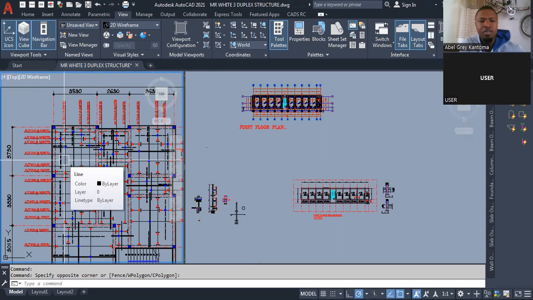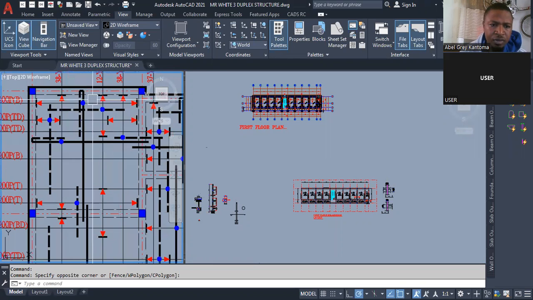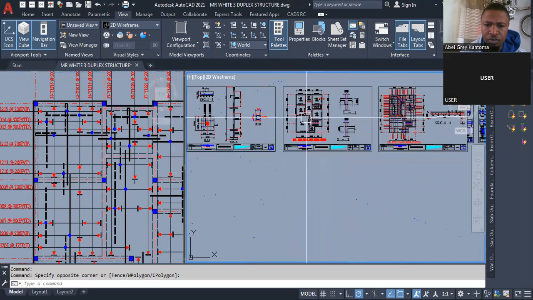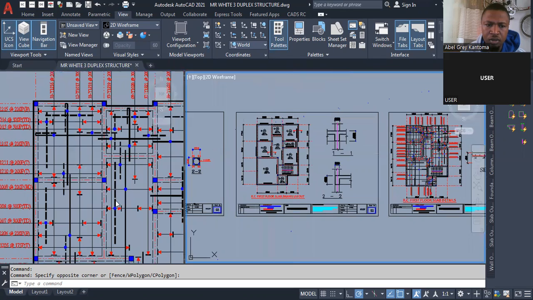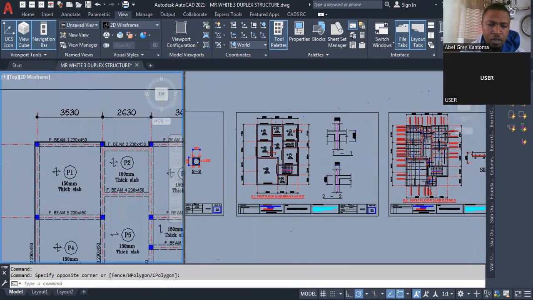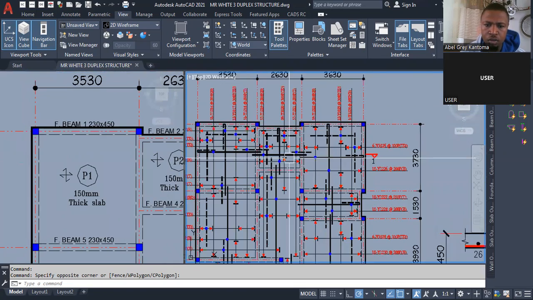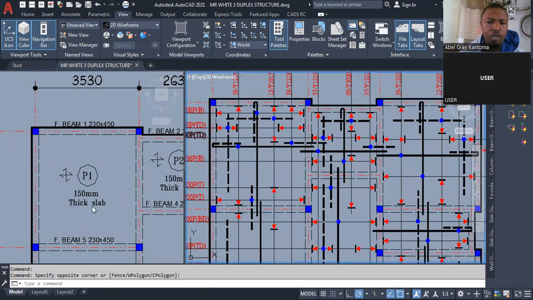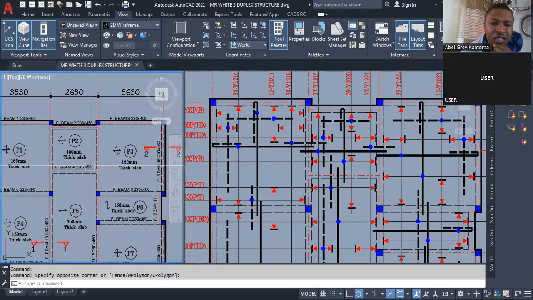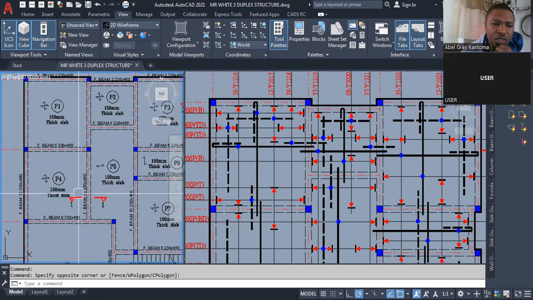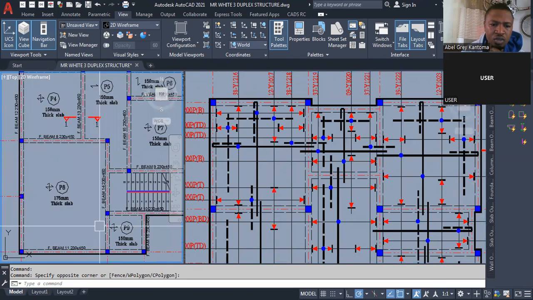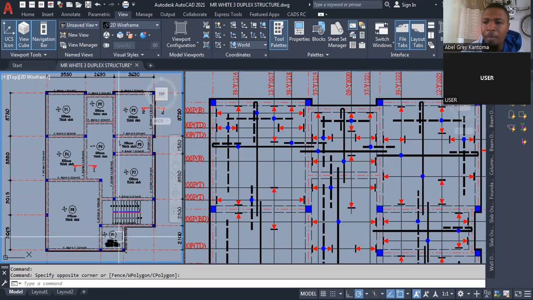You can see from this slab here, this particular panel. Now you can see that from this existing drawing, this is a two-way, this is one way, this is two-way, this is also a two-way slab.